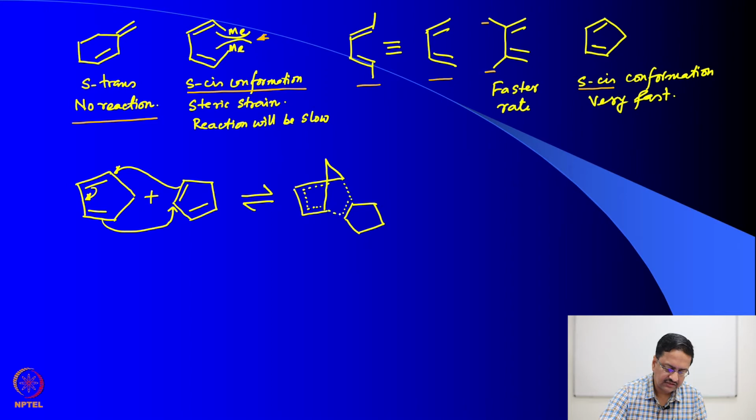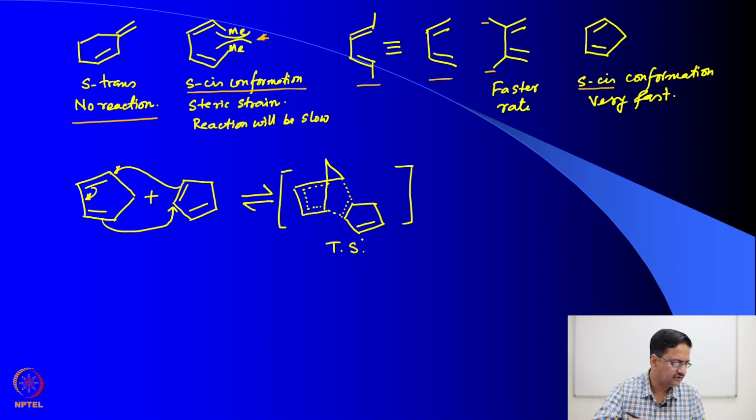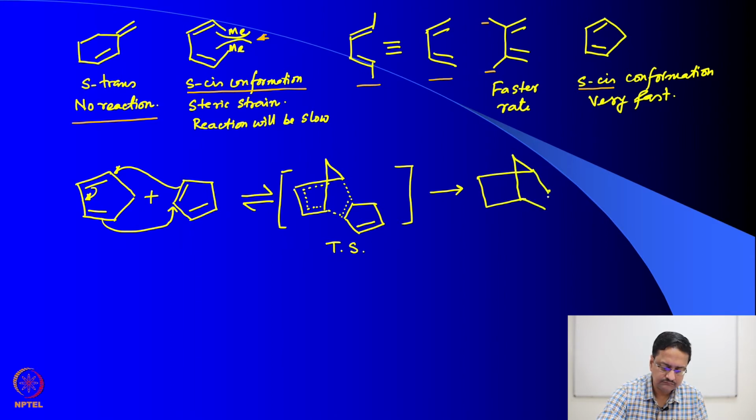These dotted lines are the bonds that are forming or breaking in the molecule. So, this is the cyclic transition state for this reaction, and eventually we get a product which is this one. This is called the self dimerization of cyclopentadiene.